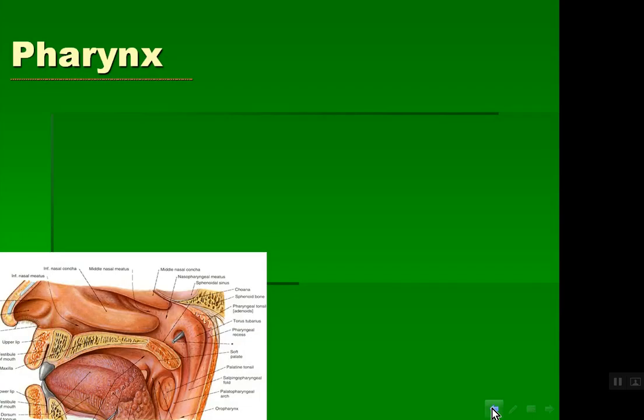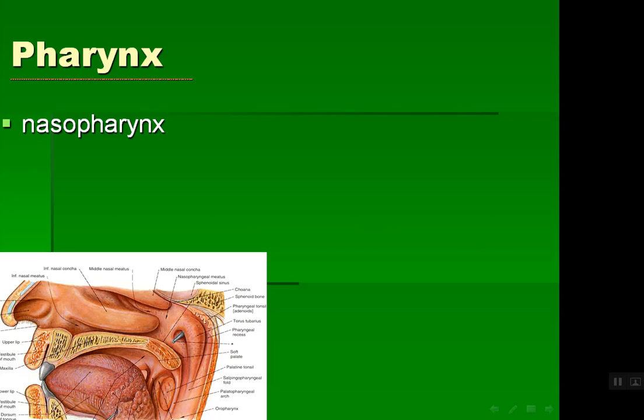The next part after the mouth or oral cavity is the pharynx. The pharynx is classified into three portions. The pharynx starts from below the skull, from C1 to C6.